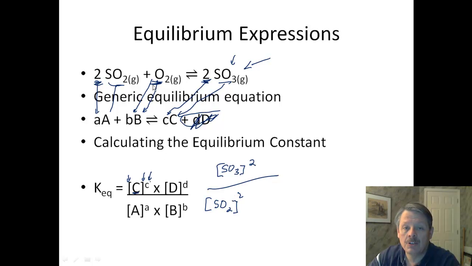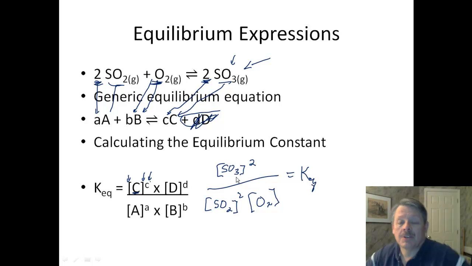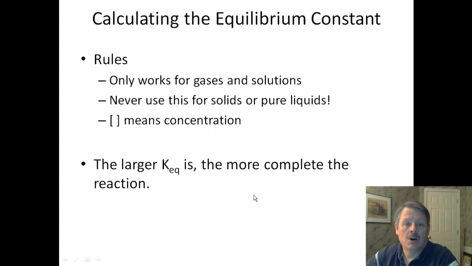Whereas my oxygen does not have a coefficient of 2 in front of it. It has a 1, and that's implied. So it's just the concentration of oxygen. So this is going to be my equilibrium constant. It's the concentration of sulfur trioxide squared divided by the concentration of sulfur dioxide squared times the concentration of oxygen. Okay, so we're going to do a few of these so that you can see it all work out.